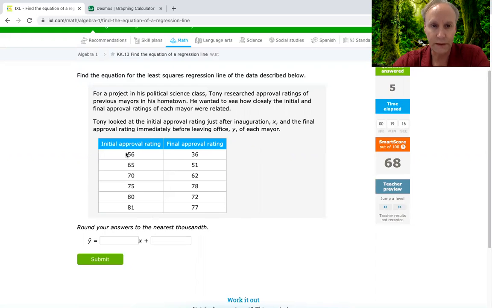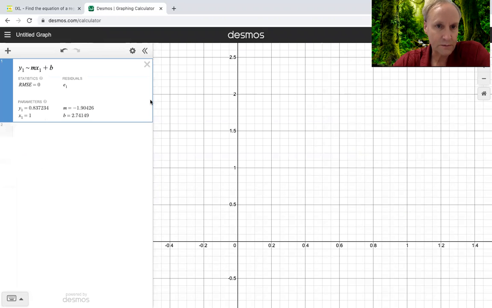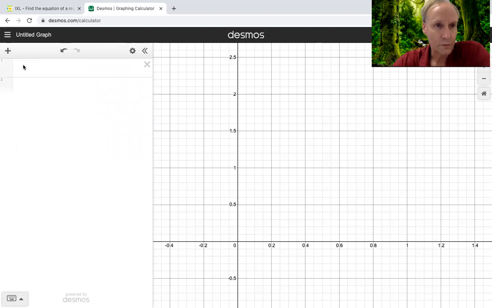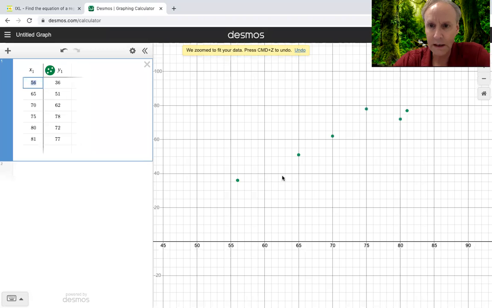The initial approval rating has some effect on the final approval rating. So there it is. We're copying. That's Command C. And we go into Desmos. Close them out. Blank screen. Command V. There's my data.